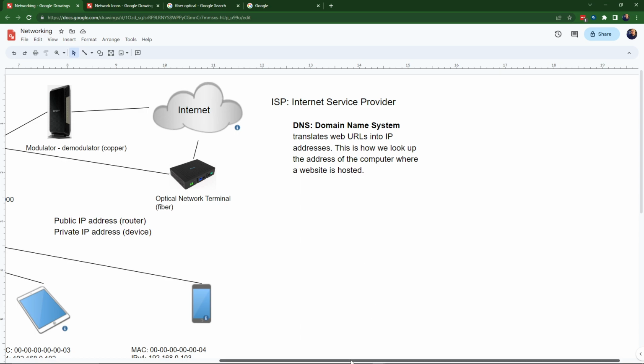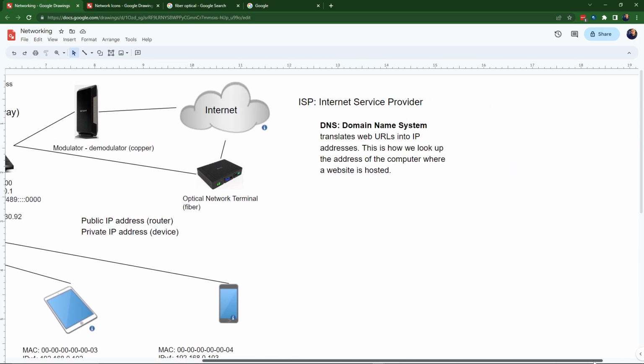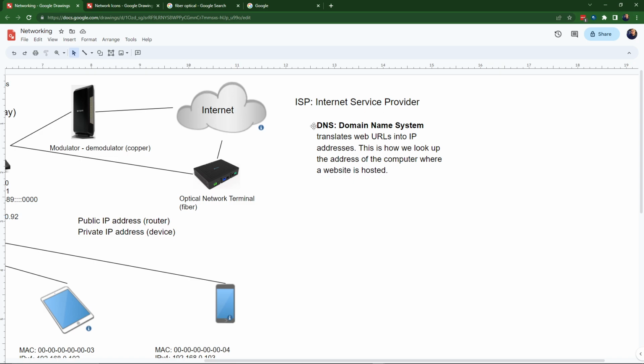All right, so maybe I'm here on my phone and I want to connect out to Google, and so I type in www.google.com, and it sends that information through the switch, through the router, through the optical network terminal out to the internet via my internet service provider, and then it's got to go somewhere, right, to look that up.